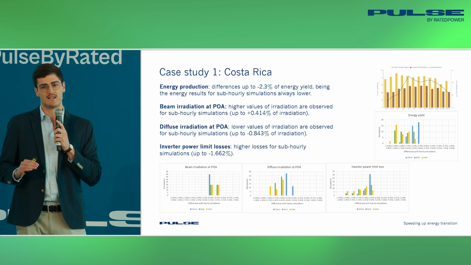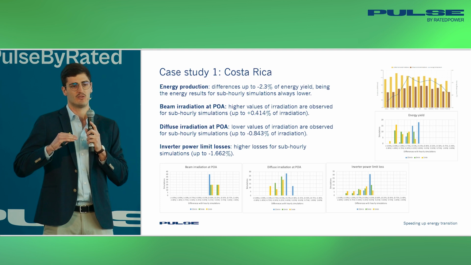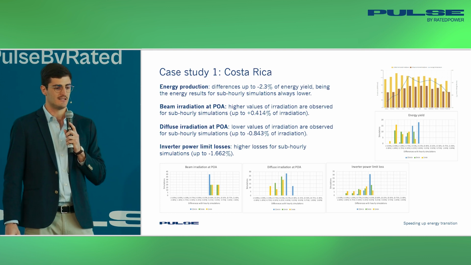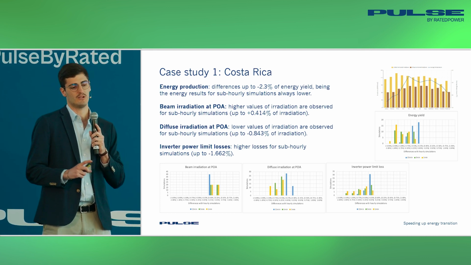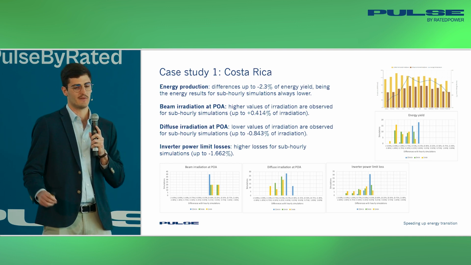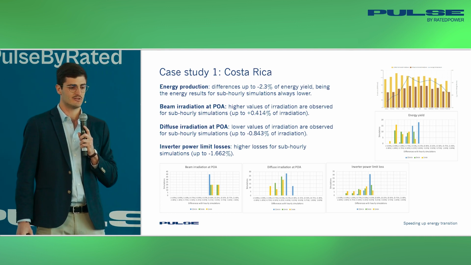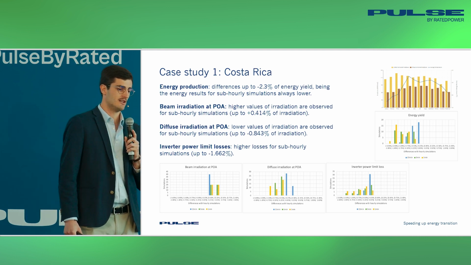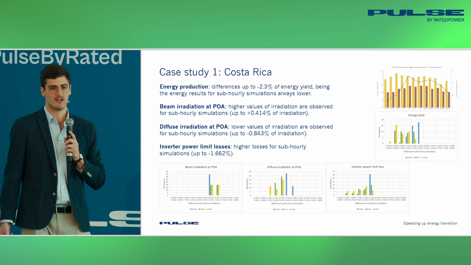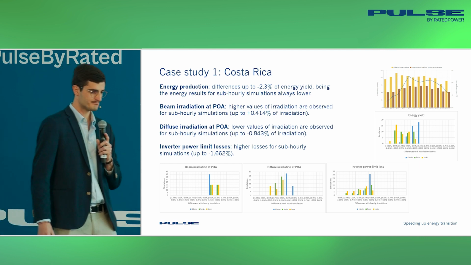And when we went into more detail on these losses, trying to see what gave us those differences in terms of energy production, we observed that there were differences in the irradiation that we had at the plane of array when transposing this irradiance from the horizontal plane to the plane of array, for both components, the beam and diffuse irradiation, and then also in the inverter power limit losses, the clipping losses, which is something that, as I mentioned, we were expecting due to the effect of the irradiance fluctuations.